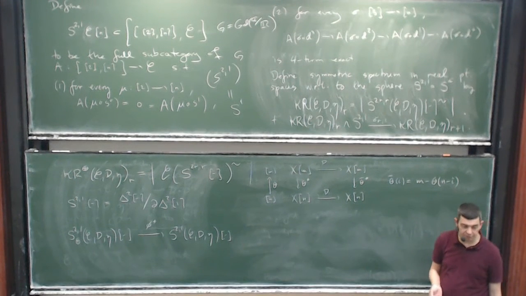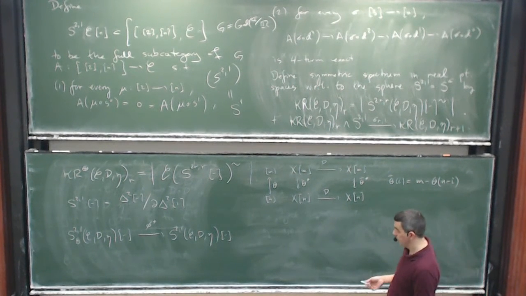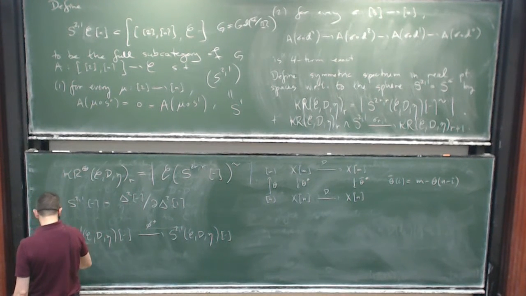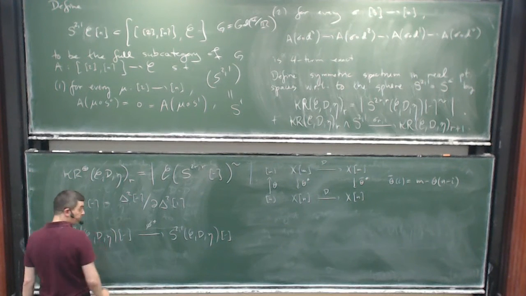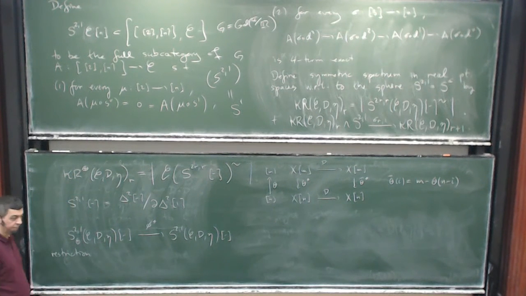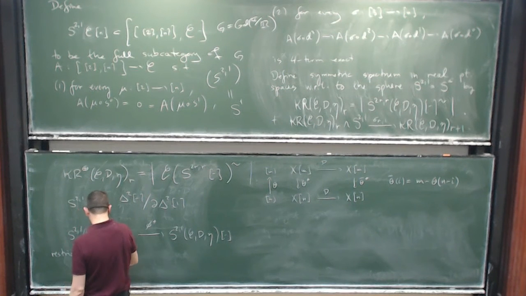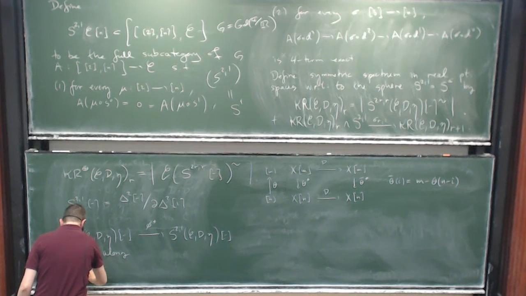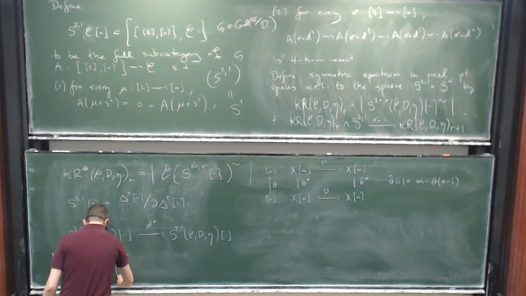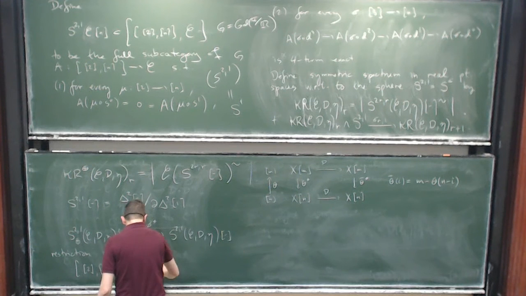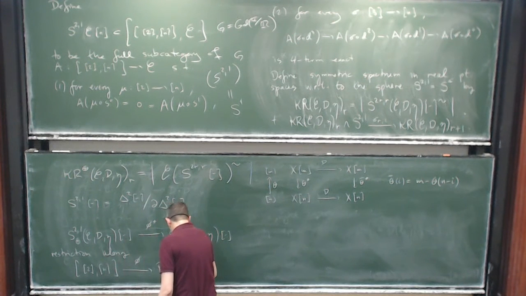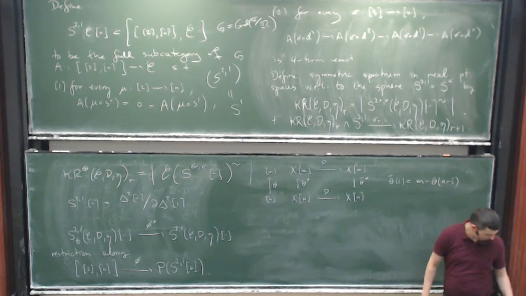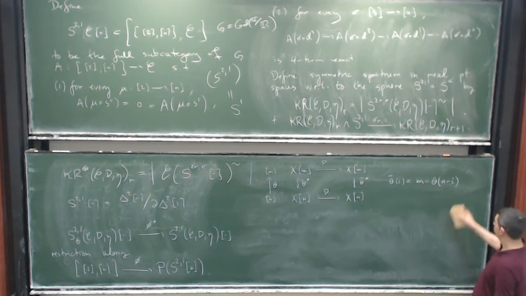That's what it is. Okay, and so again, this is restriction along a functor now here, defined just as before.